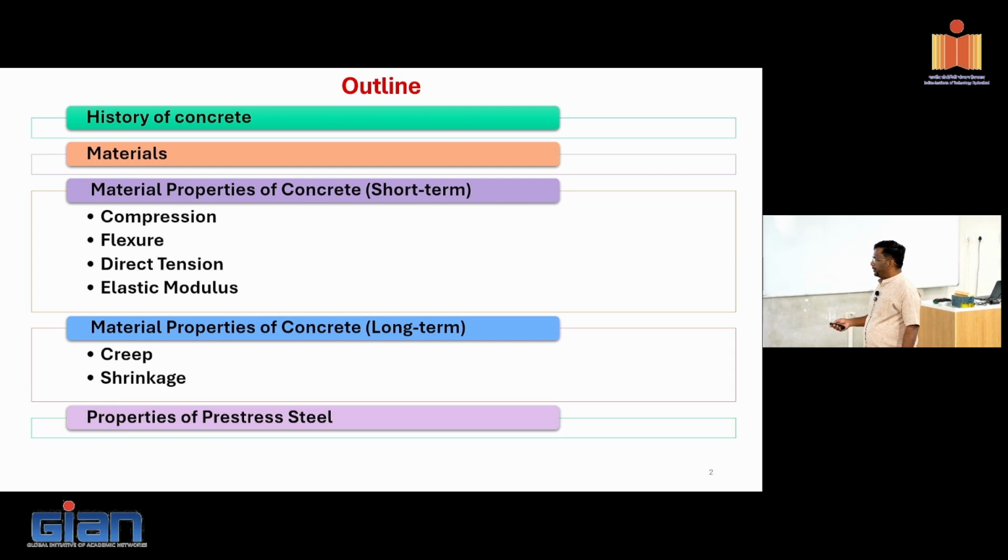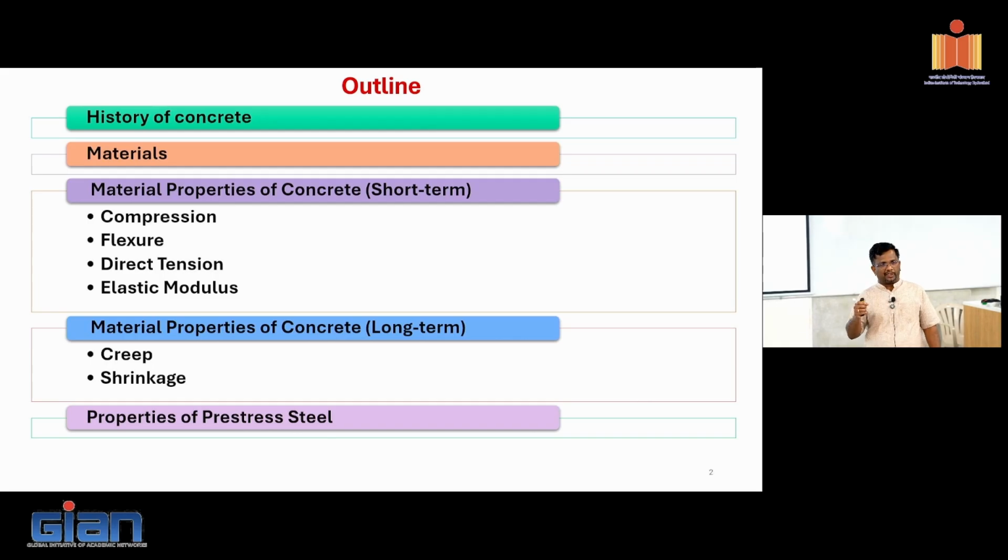Because again, as Professor Sri and I think Professor Amlan also talked about, precast and pre-stress go hand in hand. If you want to effectively utilize precast technology, most of the time we apply some form of pre-stressing. So when you do pre-stressing, these long-term deflections become very important.